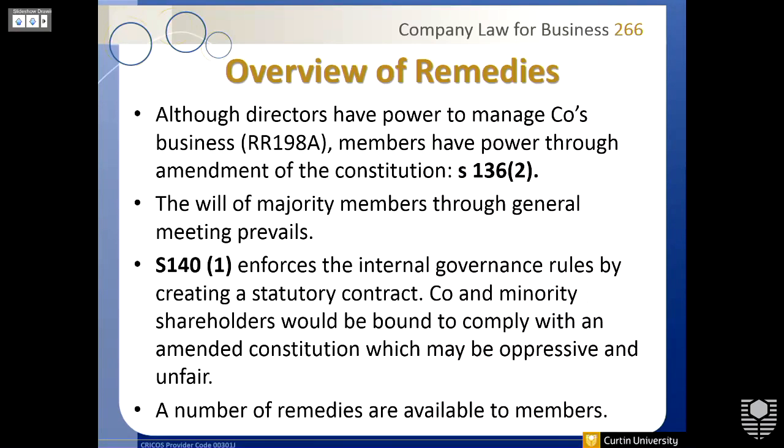Now, minority shareholders will also be bound by this Constitution, and whatever rights that arise as a result of being a member can be enforced by these minority shareholders. Now, members under a statutory contract can only enforce rights that arise as members. What are the cases that we looked at?